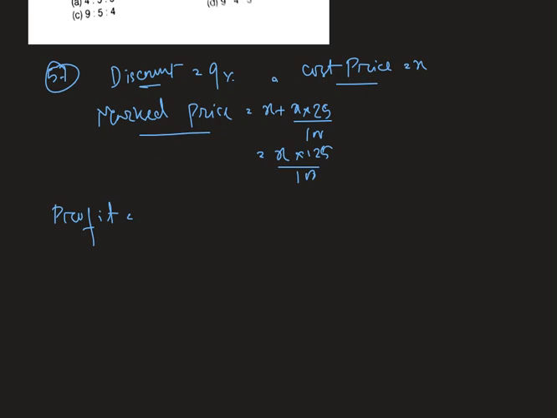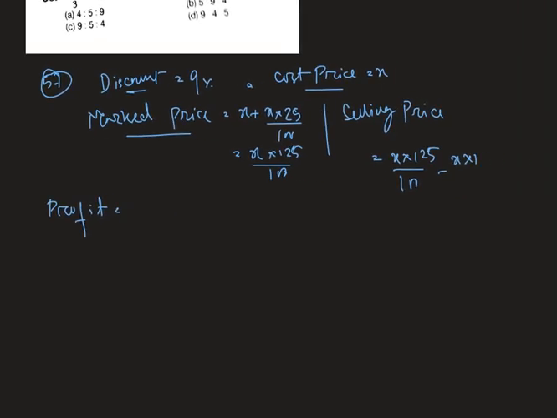Here selling price is marked price minus marked price into 9%, because the shopkeeper gives 9% discount on the marked price.